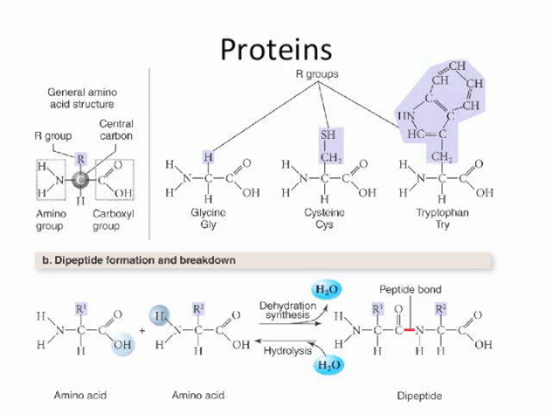So dehydration builds, hydrolysis breaks down, just like we've seen in carbohydrates. The bond between two amino acids in a protein is called a peptide bond. So you've got dipeptide, polypeptide.